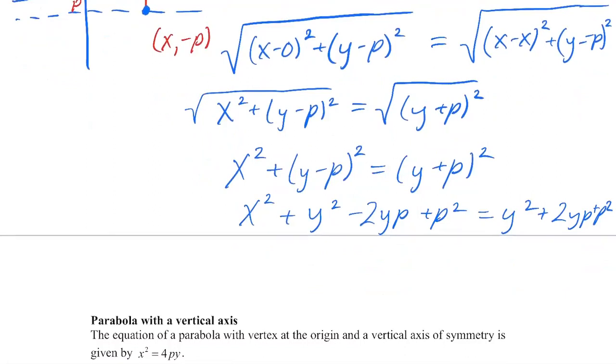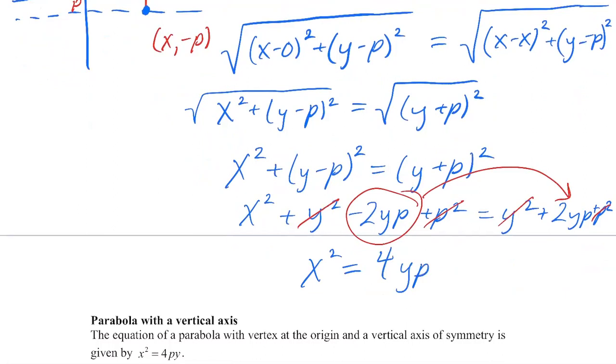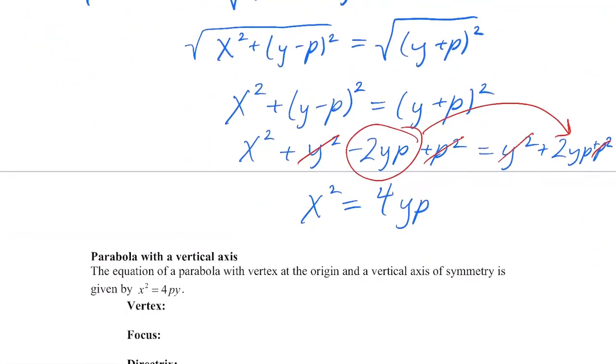And going through and eliminating terms that are in common on both sides, my y squareds go away, my p squareds go away, and if I shift the negative 2yp over, I'm going to get x squared equals 4yp. And mathematicians conventionally express this as x squared equals 4py.